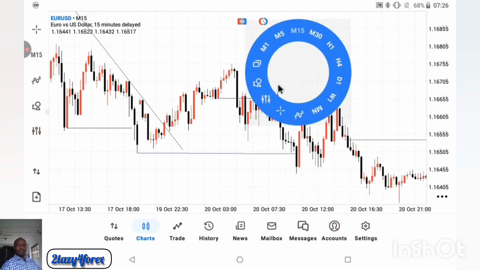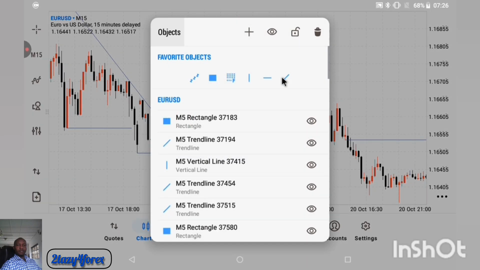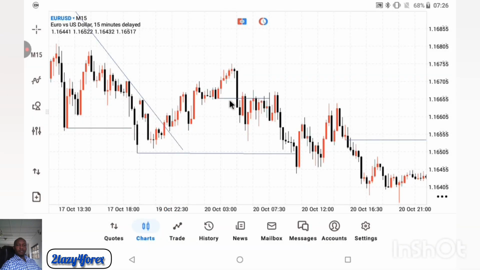Then from this place, the highest black candle there, you put a trend line on it. That is from the retest. It could be a retest, it could be a pullback. From that same spot, the highest one there, you put your trend line.